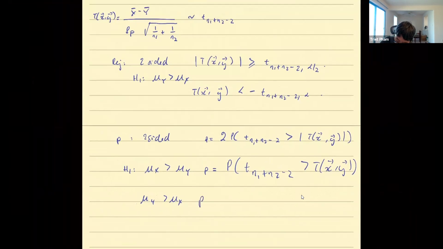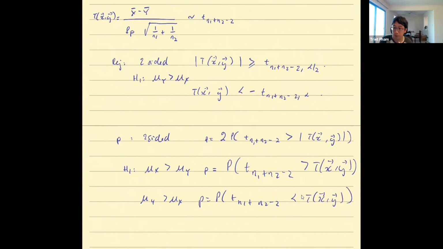So it will be the probability that T with n1 plus n2 minus 2 degrees of freedom is less than T xy. I know you're trying to type, so you try to type short. But there are 2 things you want to pay attention to: there's a small t for the t distribution, and there's the big T for our test stat. You want to know which one is less than which, because obviously, if you swap these 2, then you don't mean the same probability.